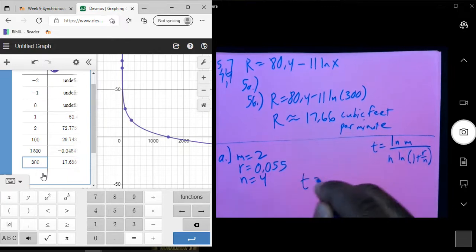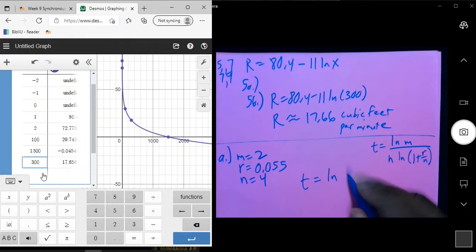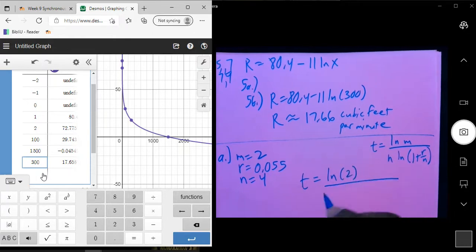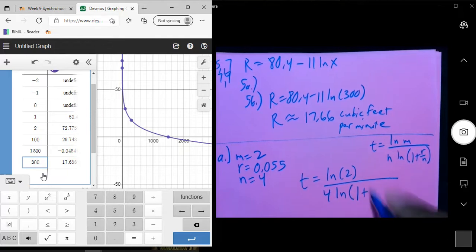So we had T is equal to the natural log of 2 all over N is 4 times the natural log of 1 plus R is 0.055 all over N, which is 4. So we will put this in our calculator.